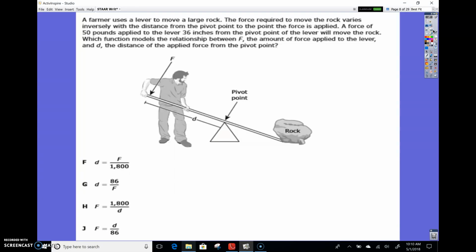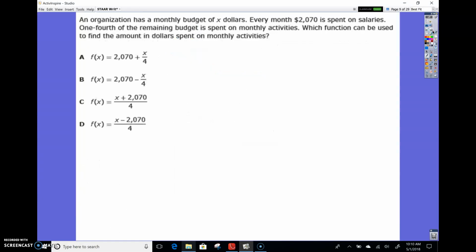I'm going to do a couple. Let's not do this one because this is an inverse. We don't do inverse anymore on the STAAR. An organization has a monthly budget of x dollars. Every month they spend $2,070 on salaries. 1/4 of the remaining budget is spent on monthly activities.